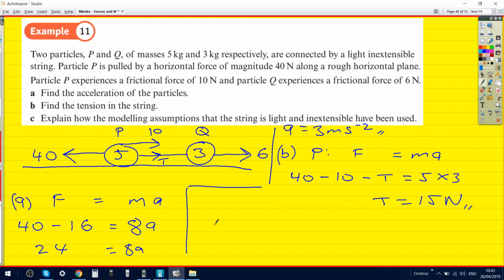And C. Well, the string doesn't really have an effect on the weight of the particles. Yeah, I suppose the string wouldn't add to the mass. And inextensible maybe wouldn't stretch.